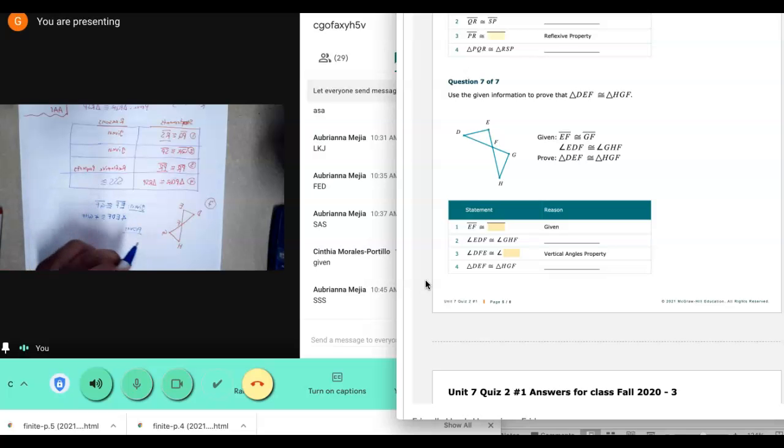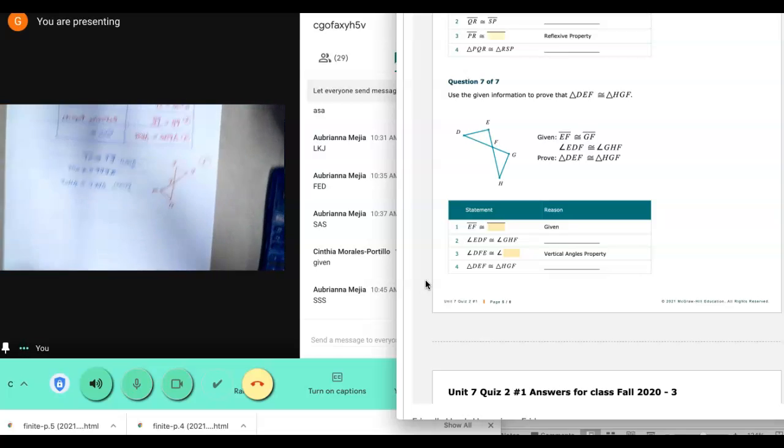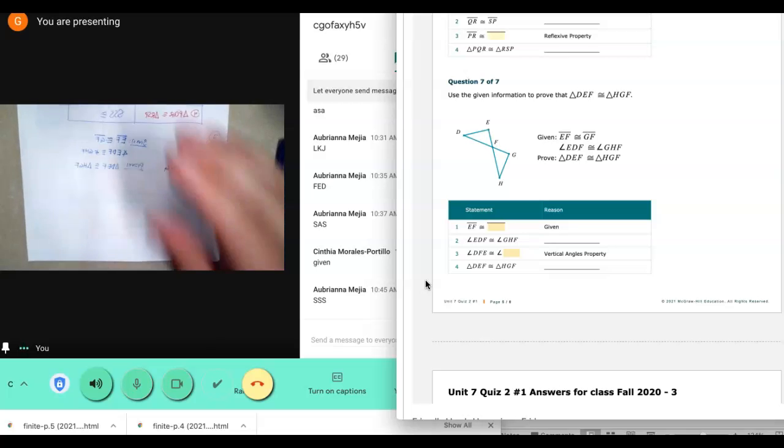And then I'm trying to prove that triangle DEF is congruent to triangle HGF. All I've really done so far is copy down the info that's already there. I haven't really thought too much about this one yet.